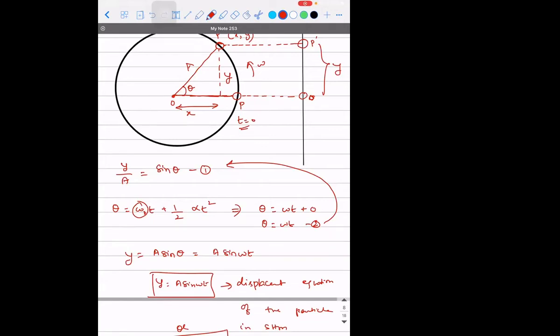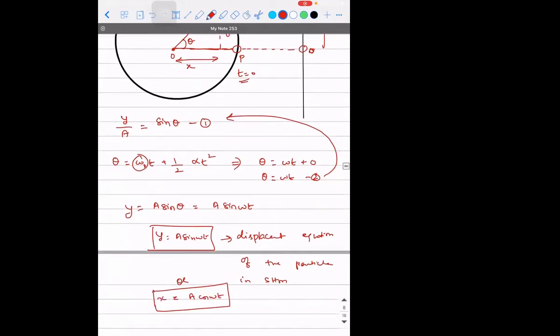Forget about radius now, because we try to extract everything from the circular motion. A is the amplitude of SHM, which is also equal to the radius of circular motion. Got it? Okay, sir, understood.